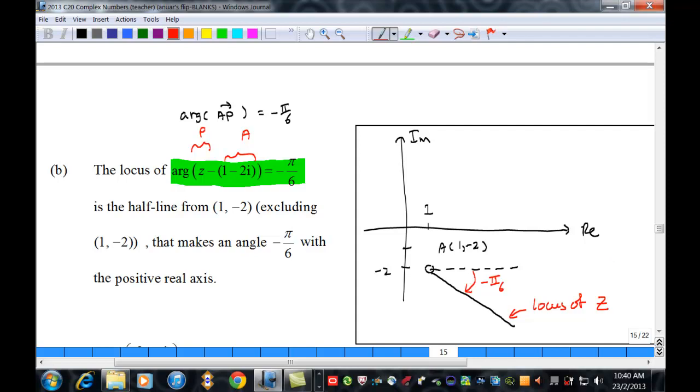And of course, the question asks you to describe this half line geometrically. So the way that you describe it is what you see printed there. Right, but making sure that you realize one thing which is very crucial for you to take note of, that it does not include the point A itself.